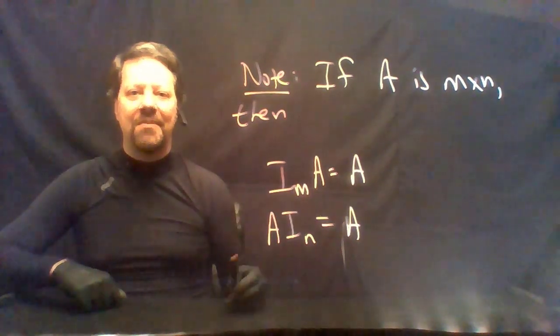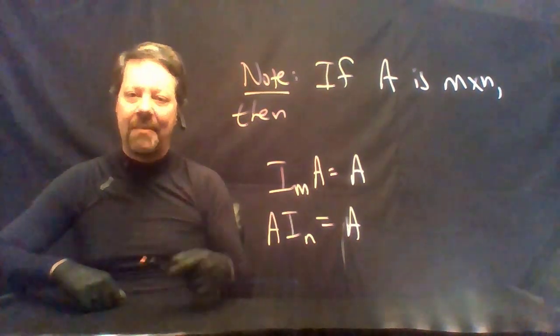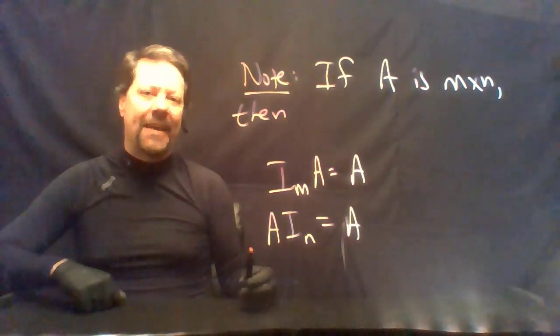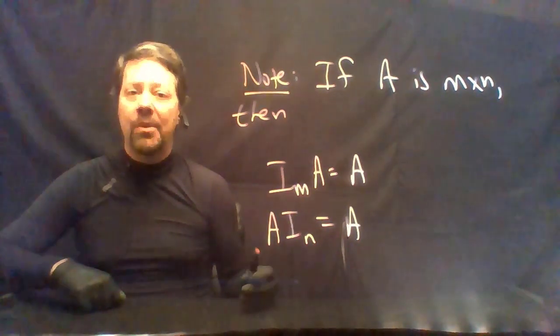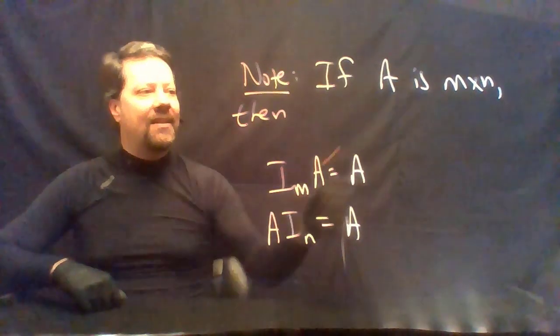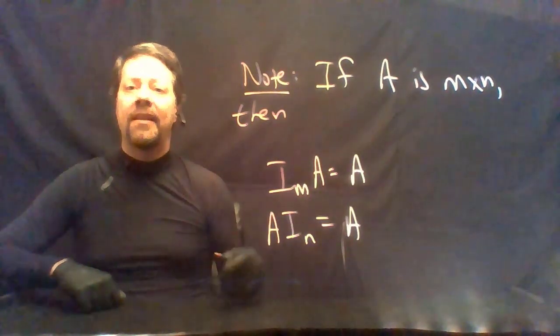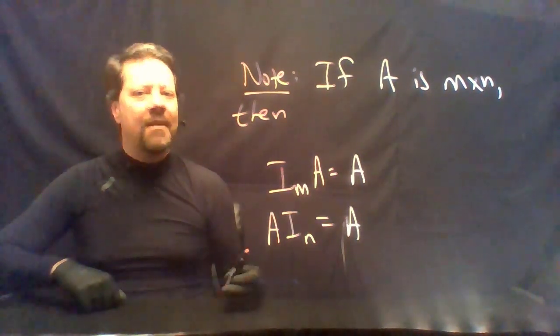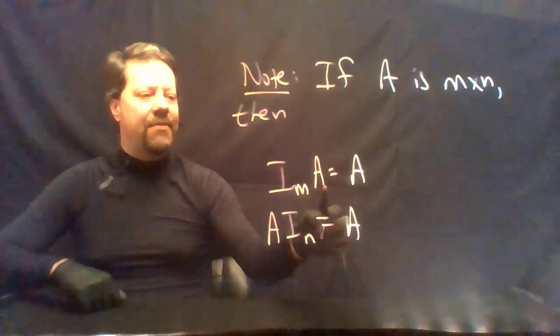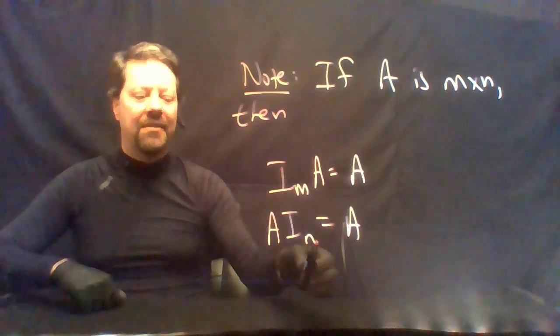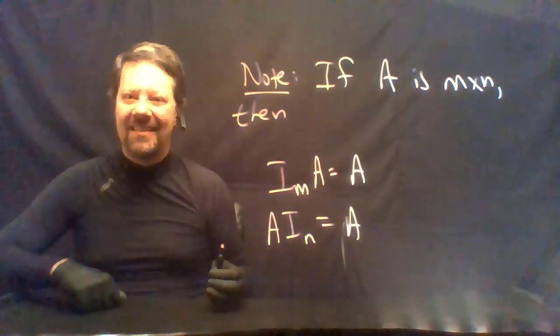In algebraic systems, an element that behaves like 0 is called the additive identity. An element that behaves like 1 is called a multiplicative identity. When we're talking about the identity matrix, we're thinking of it in terms of a multiplicative identity. But you should notice, the matrix A might have a different identity on the left versus identity on the right.